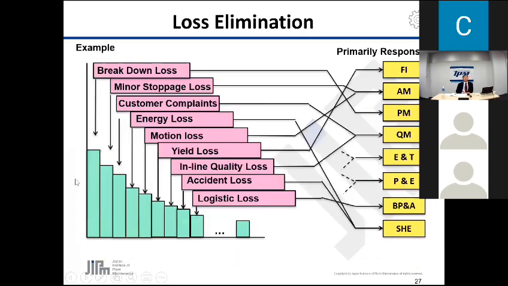Sorry. Okay. This is an example of loss elimination. So if the breakdown loss is biggest, initially the primarily responsible pillar is the PM pillar, the planned maintenance pillar.